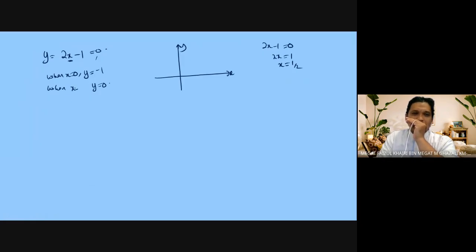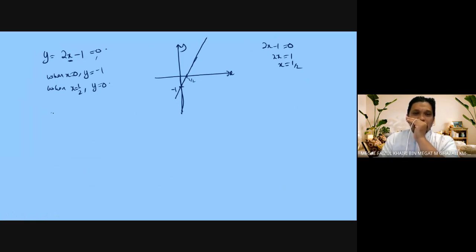So we have the point 0, negative 1, somewhere around here, and then half and 0, somewhere around here. So this is the graph for y equal to 2x minus 1.